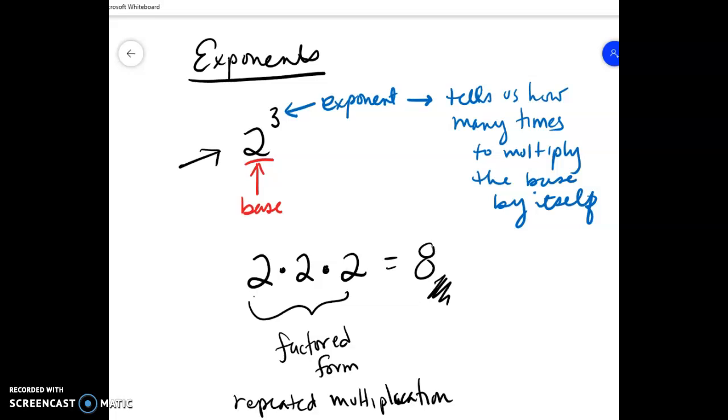And this right here is called exponential form. So you gotta pay attention to what the problem's asking you. Is it asking you to put something in exponential form? Is it asking for you to put something in factored form?